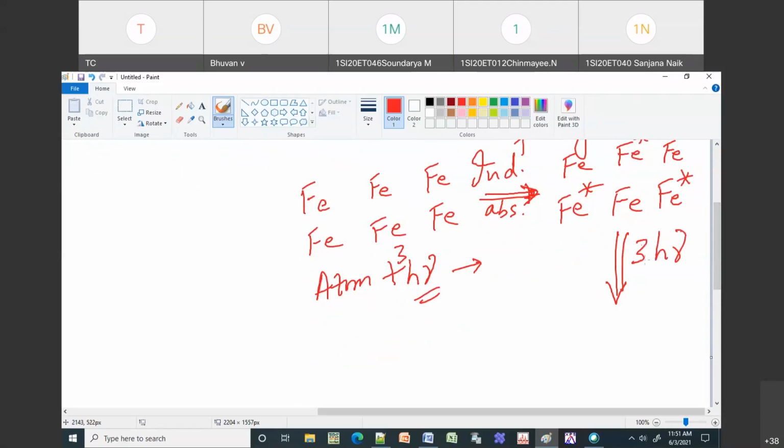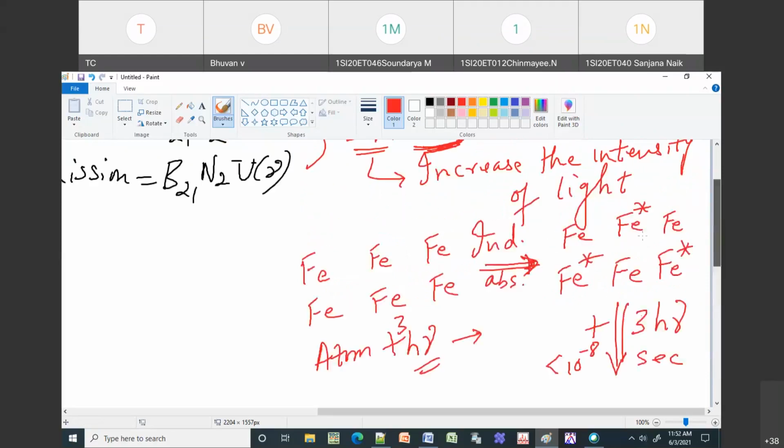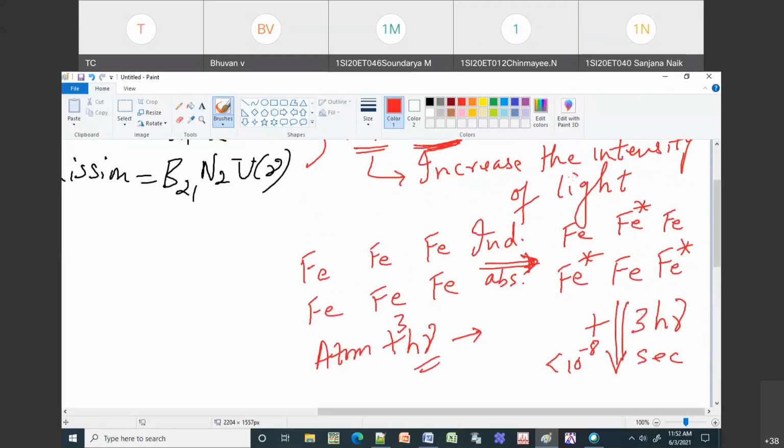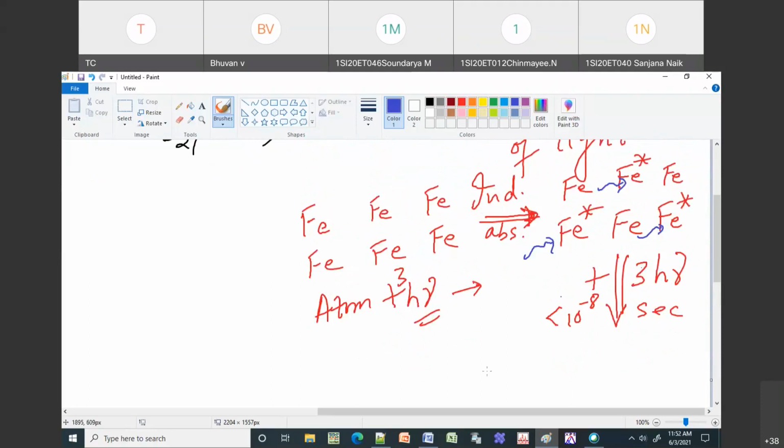If I give 3 photons before 10 raised to minus 8 seconds, there is a possibility that the photon will interact with the atoms in excited state, and they will come down to ground state. When they come down, they will give out 3 pairs of coherent photons, which is nothing but 6 coherent photons. This is what you expect.